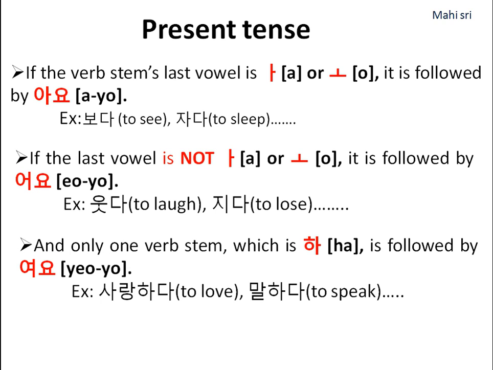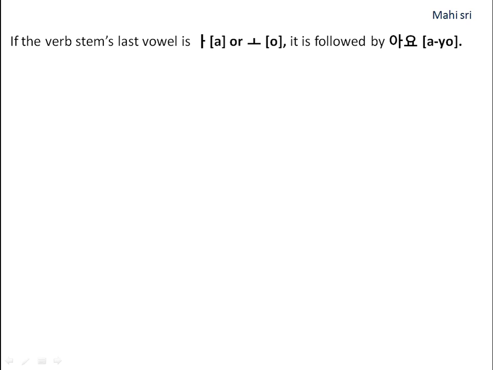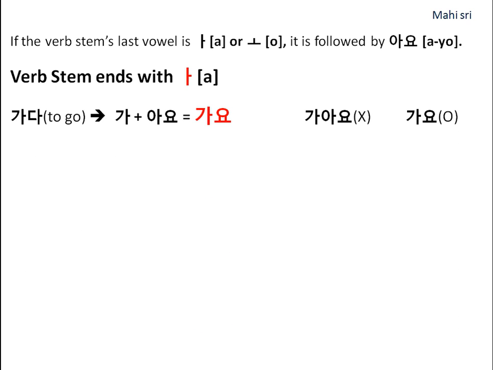So let's look at some examples. First, the verb stem ending with a or o, which is followed by ayo. Let's have a look at the verb stem ending with a. Khada. The basic verb you hear mostly is khada. Kha plus ayo becomes khayo.